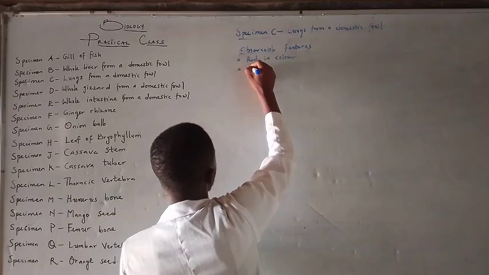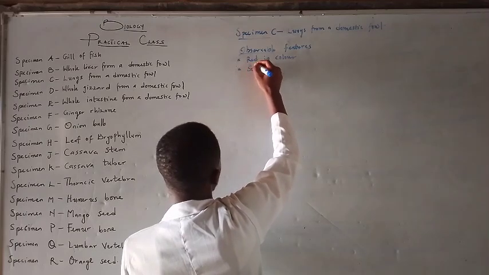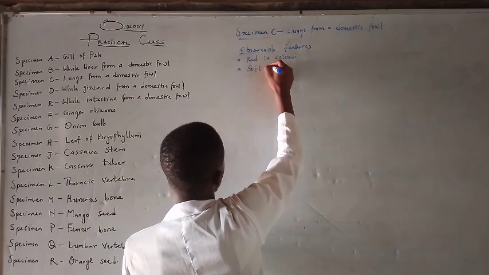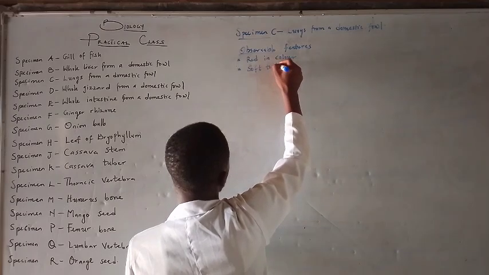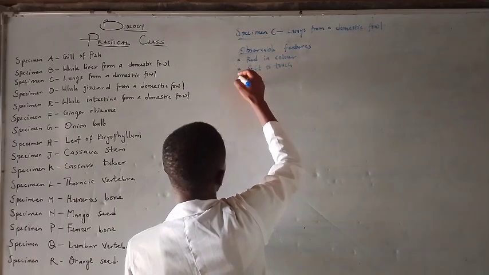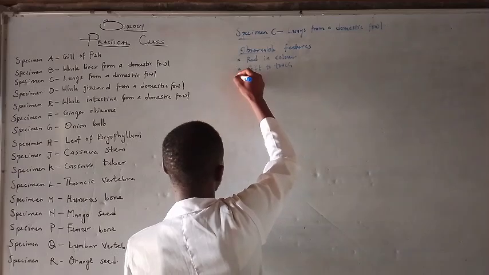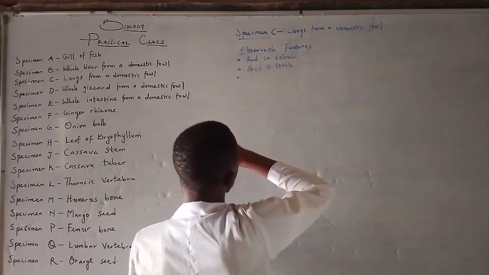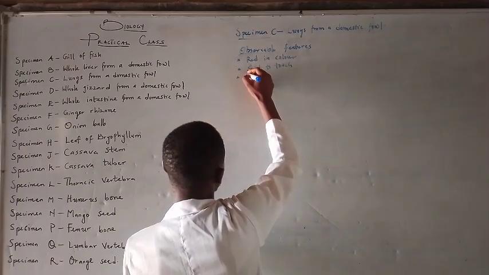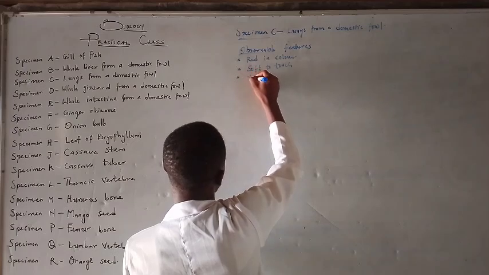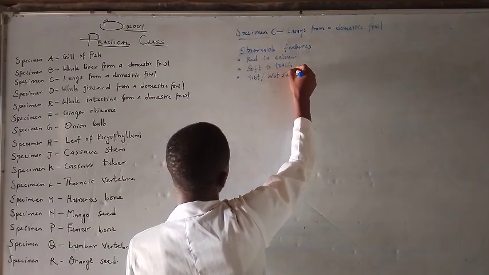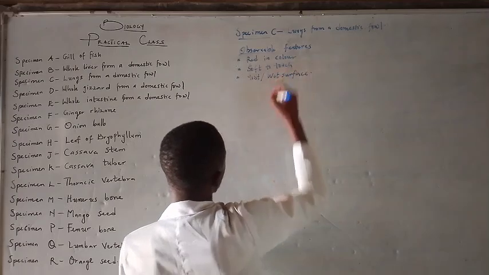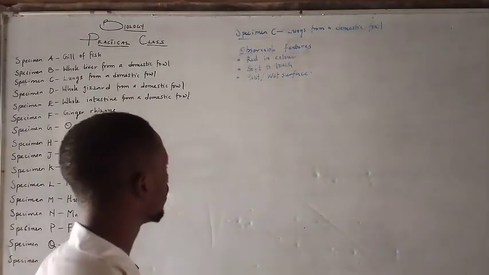Another thing is soft to touch. It has a moist or wet surface.